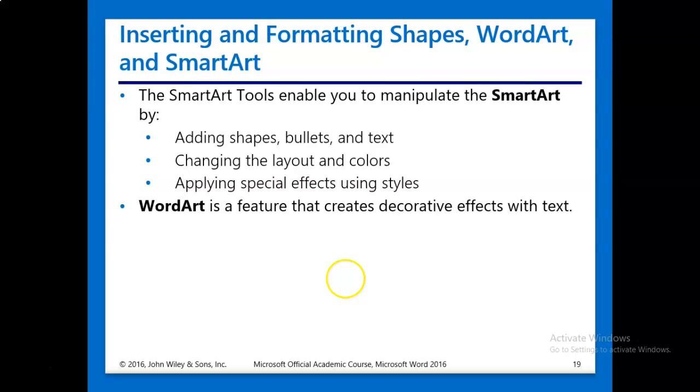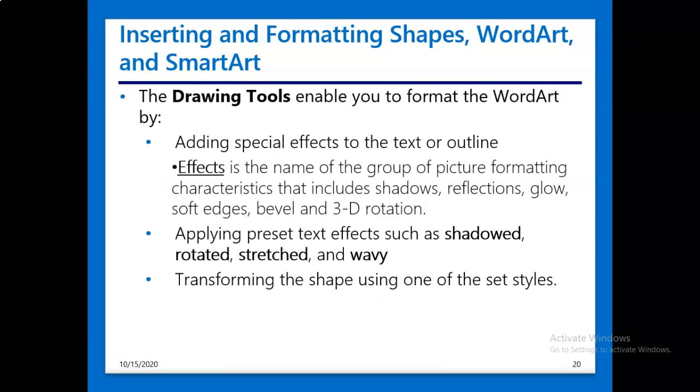The SmartArt tools enable you to manipulate the SmartArt by adding shapes, bullets, and text, changing the layout and colors, applying special effects using styles. WordArt is a feature that creates decorative effects with text. The drawing tools enable you to format the WordArt by adding special effects to the text or outline.